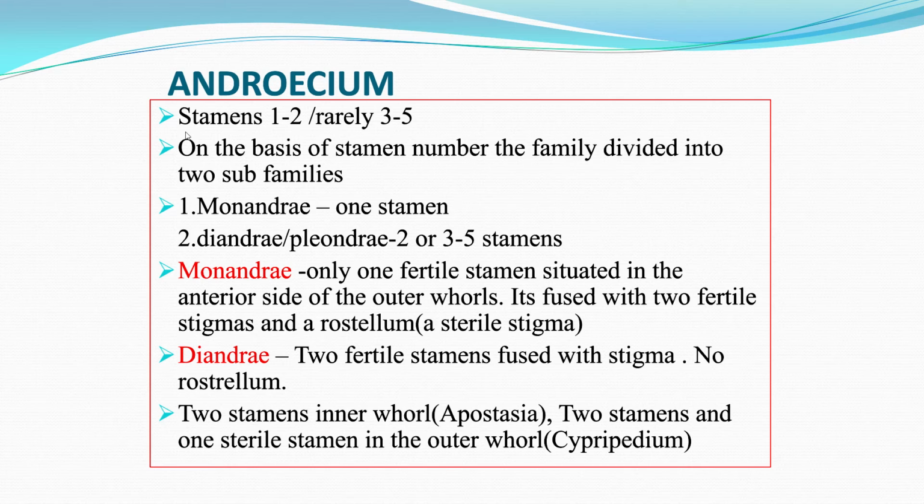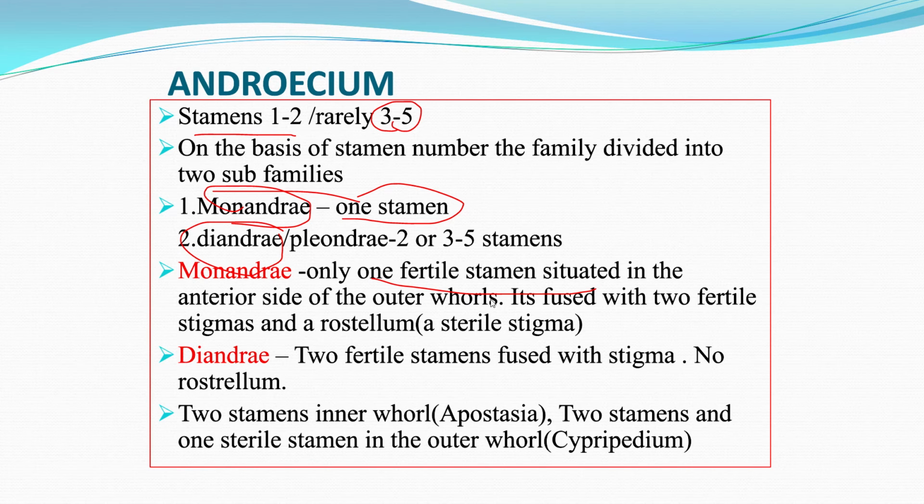Next, androecium. In the Orchidaceae family, mainly 2 or 3 stamens are present. Rarely 3 to 5 stamens are present. On the basis of the number of stamens, the family is divided into 2 subfamilies. One is monandrae, another one is diandrae or polyandrae. Monandrae means they have only one fertile stamen situated in the anterior side of the outer whorl.